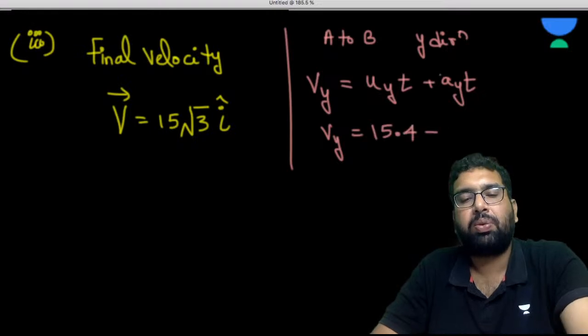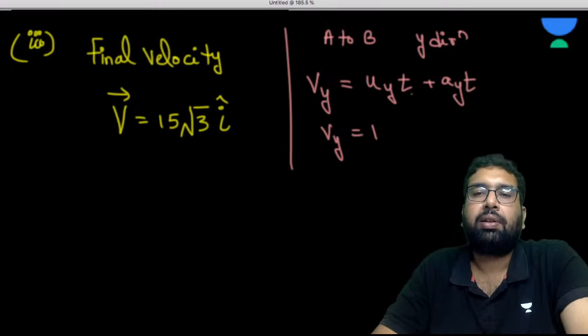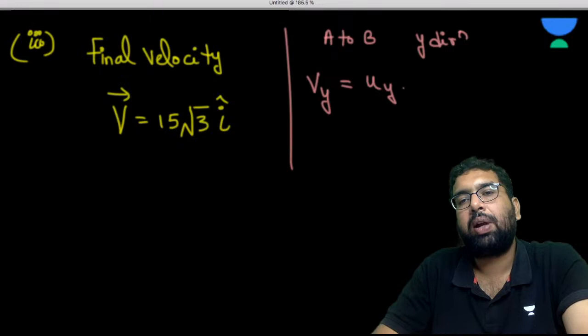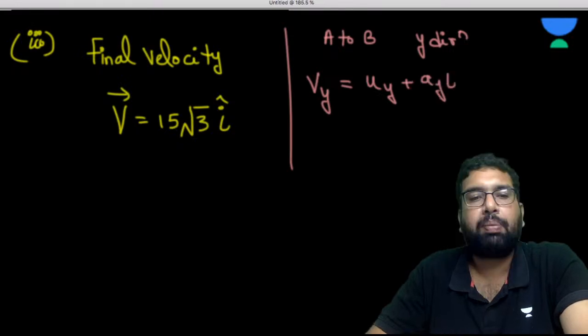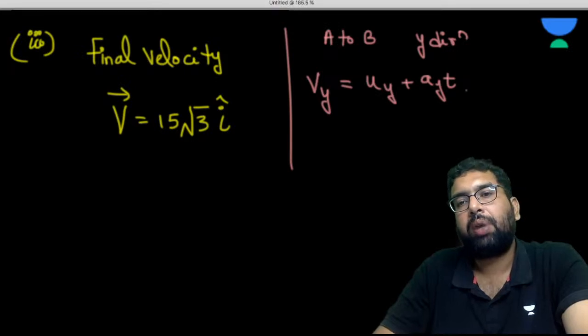Oh, I always do this. I start writing the equation, then I do it wrong. Uy plus ayt. Sorry, my bad. Yeah. So now uy plus ayt.